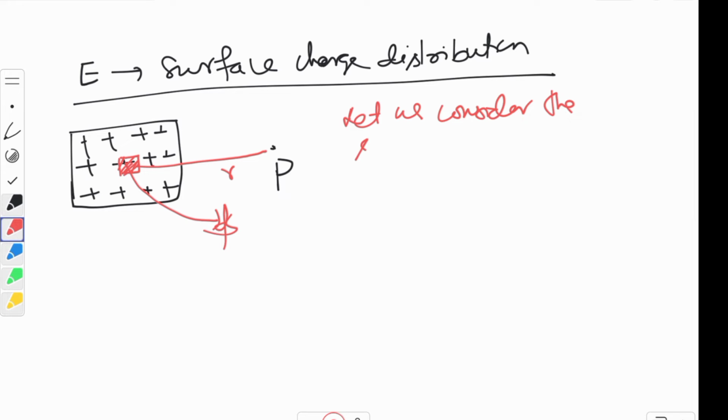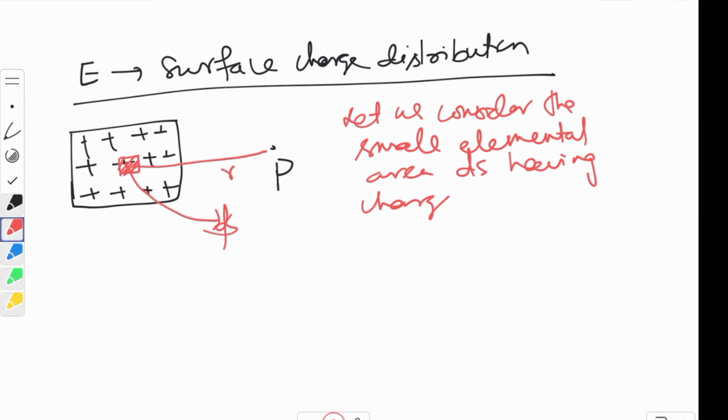Let us consider the small elemental area ds, having charge dq.